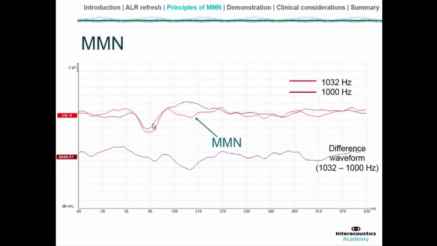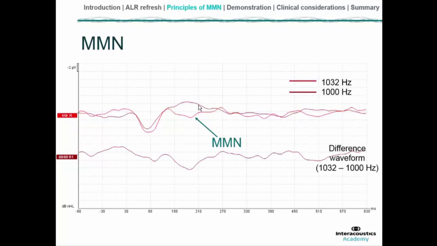For now, let's move our attention along the latency window a little bit to this region here that I've arrowed, just beyond 150 milliseconds or so, where there is a clear difference between the traces. Here the light red trace is considerably more negative than the darker red trace. So there's this dip, this negativity, and this negativity is the mismatch negativity.